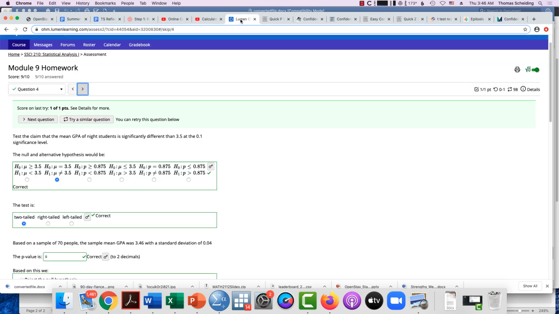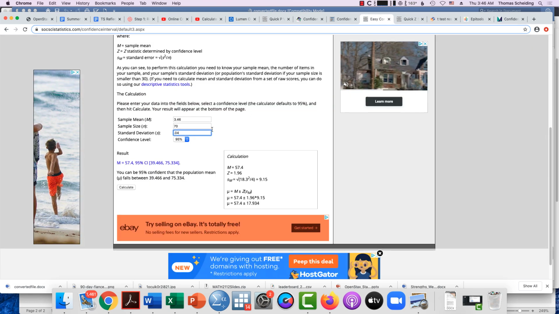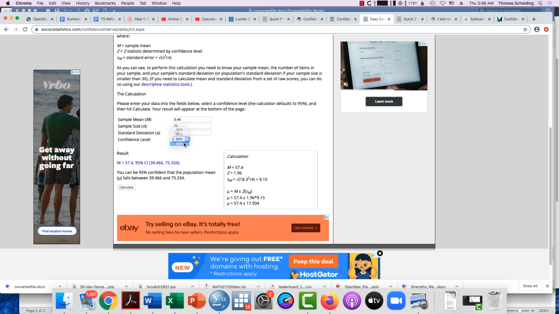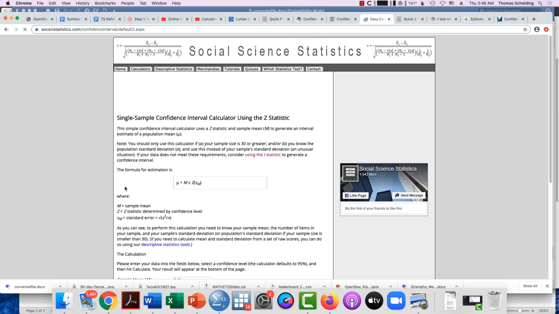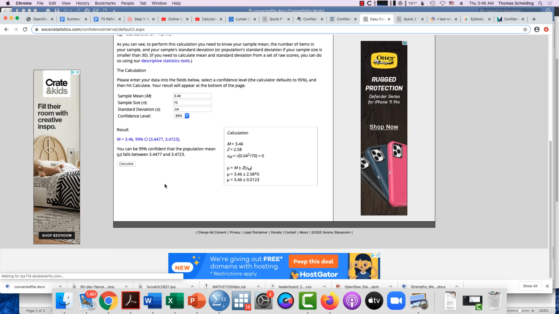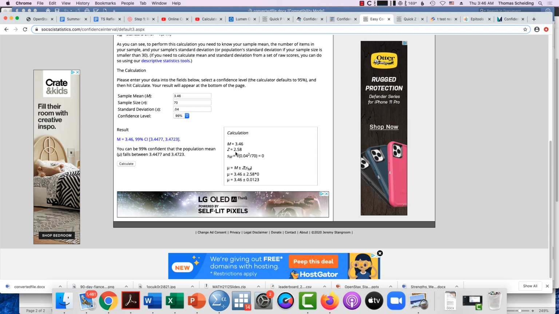And I want this at the 0.1 significance. So 0.1 significance would be 99% confidence, which gives me a z-score of 2.58.